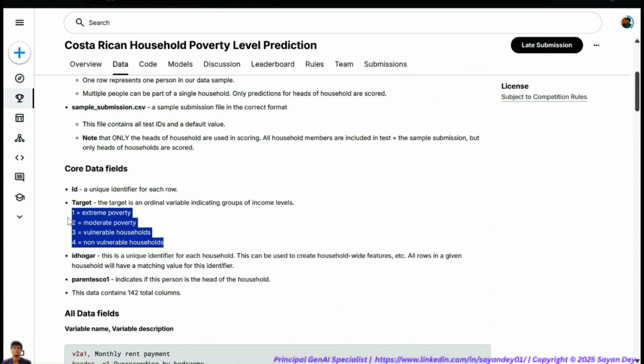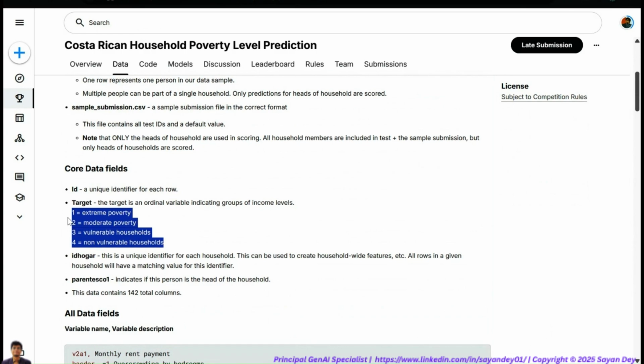Conceptually, the more classes you have, the lesser the accuracy and the more errors you will end up making between those classes, like the one that I discussed. You have a lot of cases where the model predicted extreme poverty, but actually it is moderate poverty. Model predicted moderate poverty, but actually it is vulnerable, or vice versa.